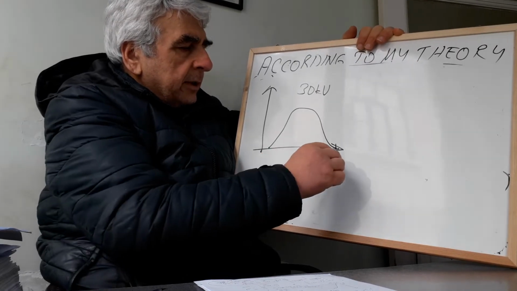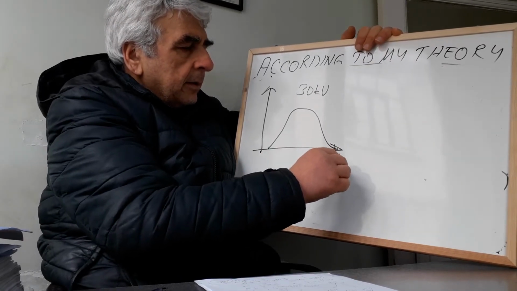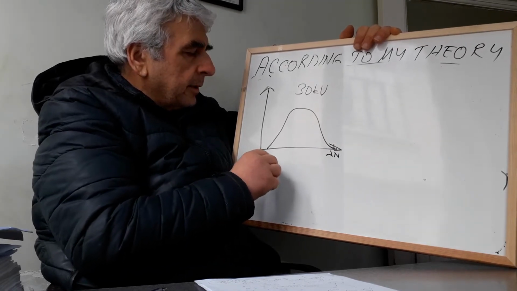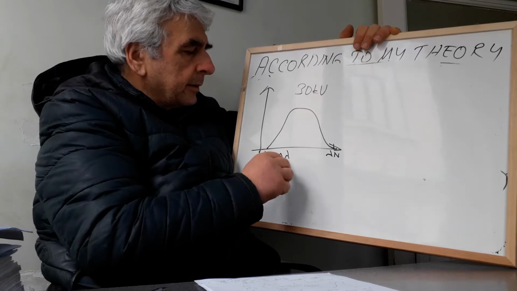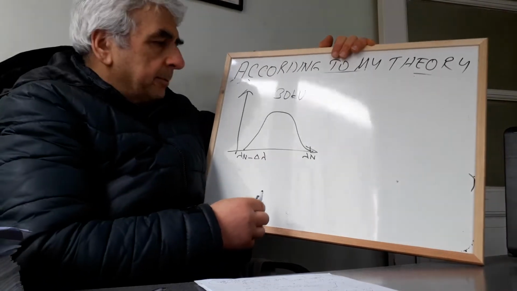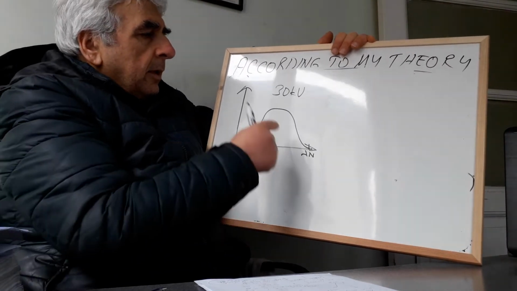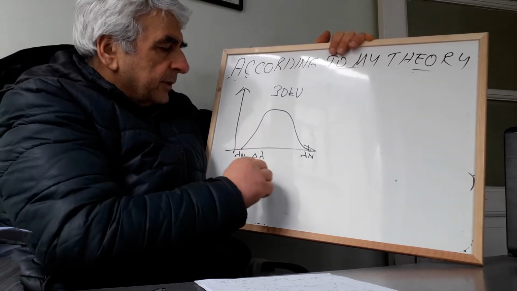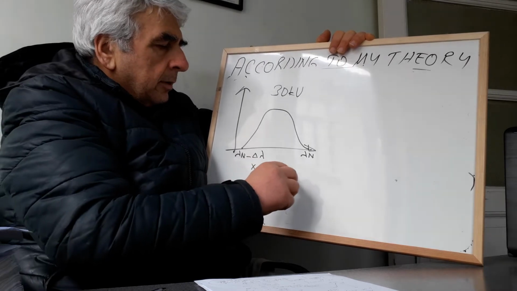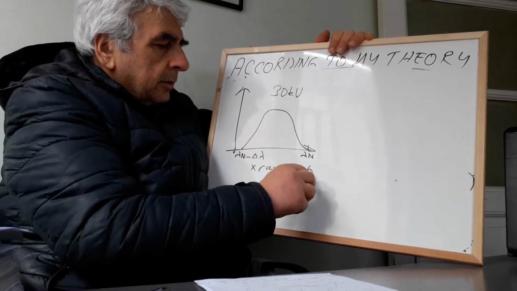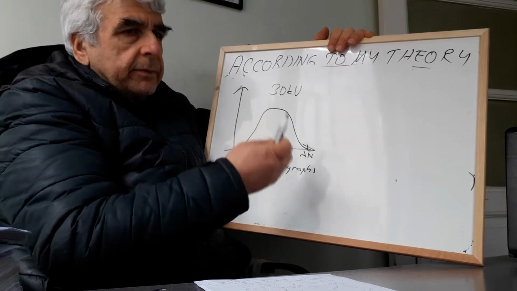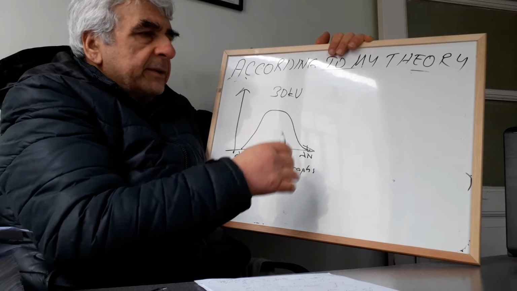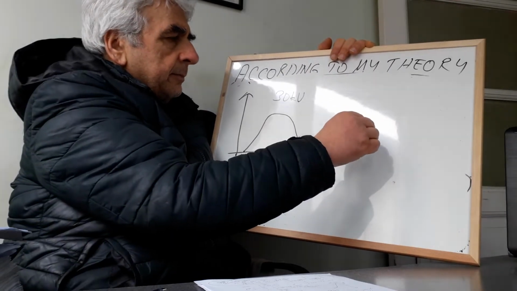According to my theory, I say that Lλn, and I say that λn minus Δλ, if you remember. According to my theory and my formulas, these kinds of X-ray graphs, continuous spectrum graphs, represent what?